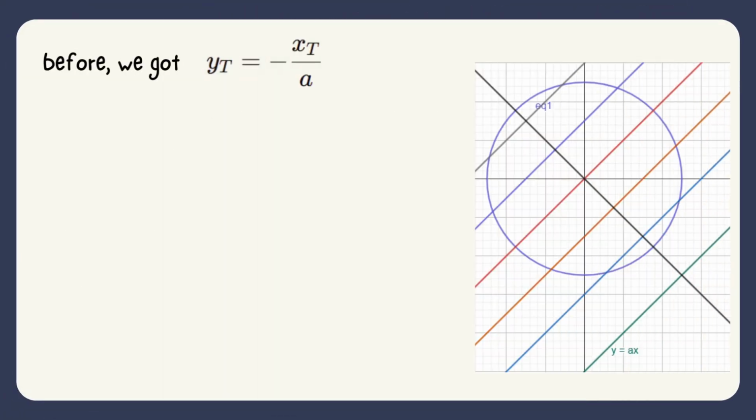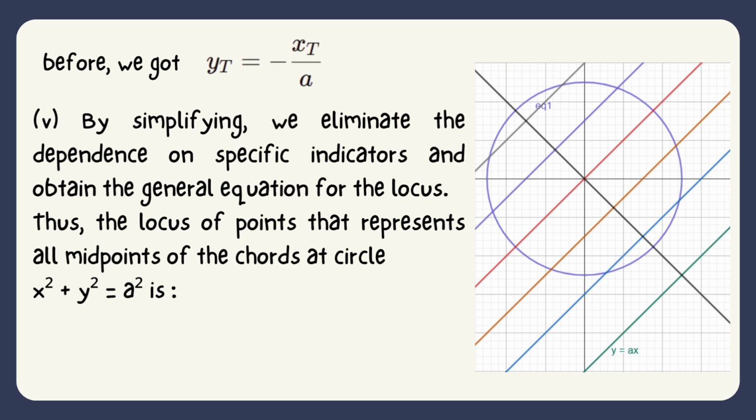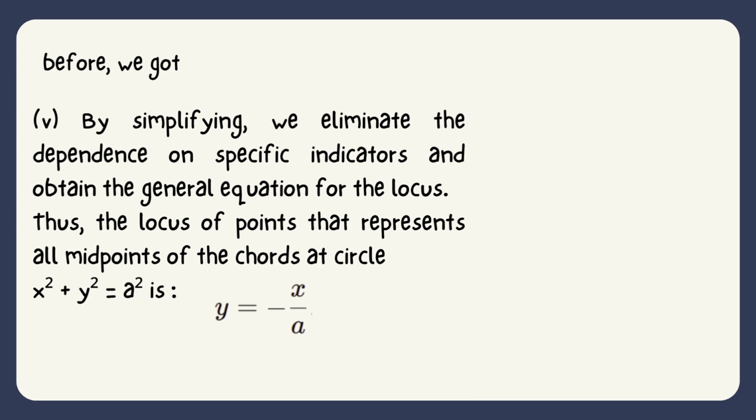By simplifying, we eliminate the dependence on specific parameters and obtain the general equation for the locus. Thus, the locus of points that represents all midpoints of the chords of the circle x squared plus y squared equals a squared is y equals negative x divided by a.